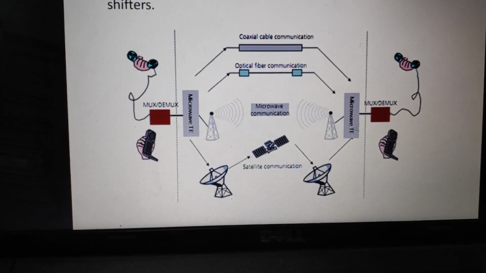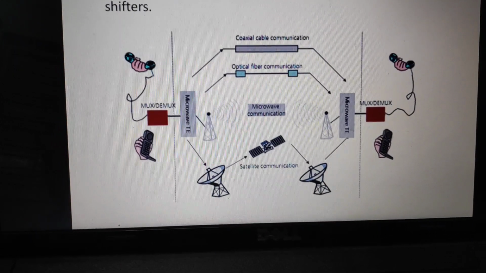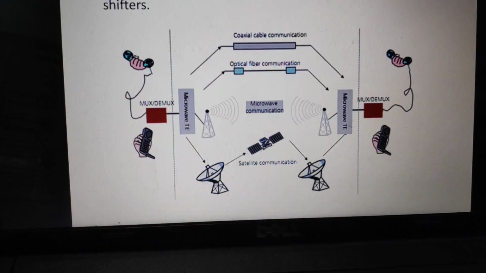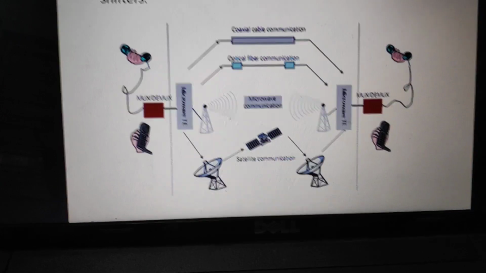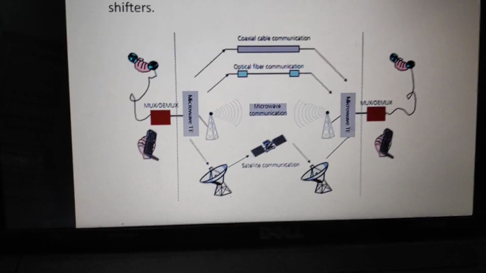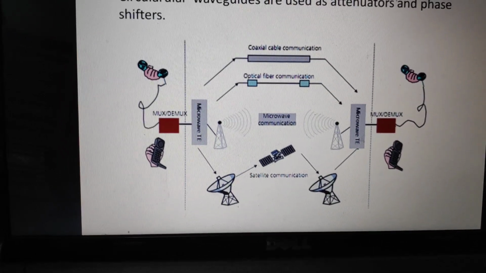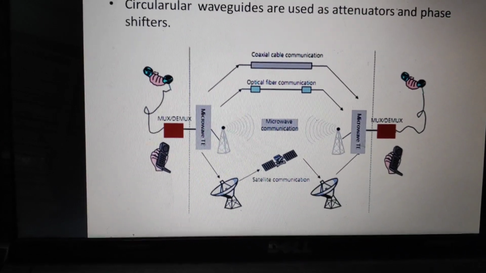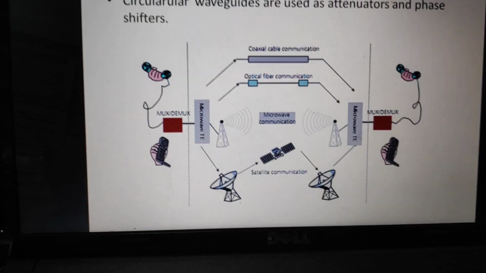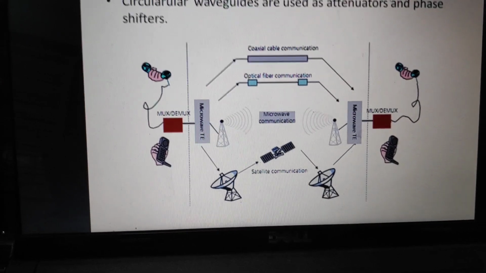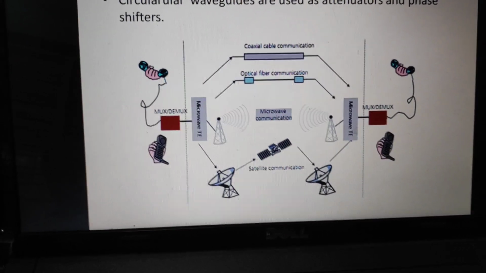In telephone exchanges they use rectangular waveguides, and they are also used in antennas in satellite communication. In satellite communication you use a transmitting antenna as well as a receiving antenna, and in both antennas waveguides are employed for transmitting and receiving the signals.